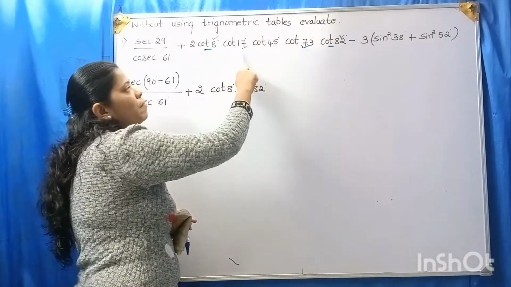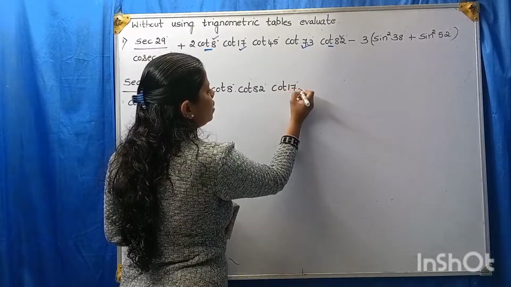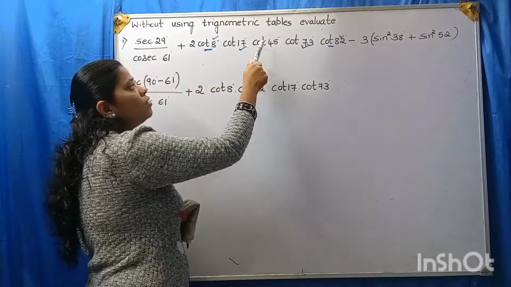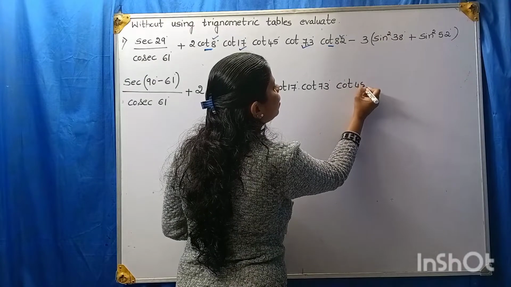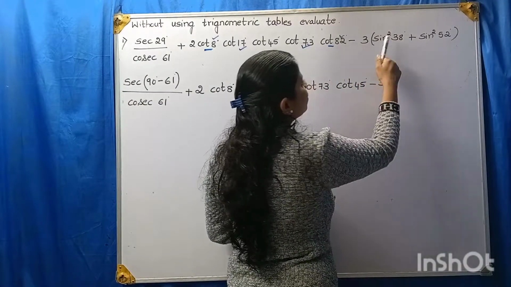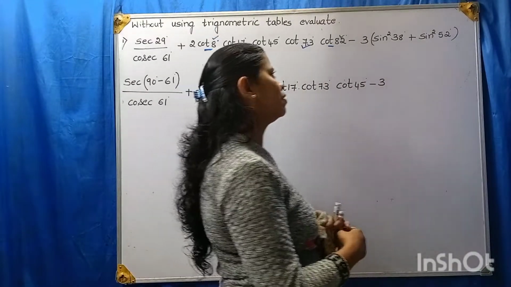Therefore, these two I will make one group, that is cot 17 degree into cot 73 degree. What is left here? Cot 45 degree. I will write here cot 45 degree minus 3 sin square 38 degree plus sin square 52 degree.